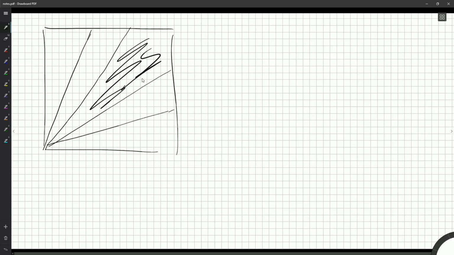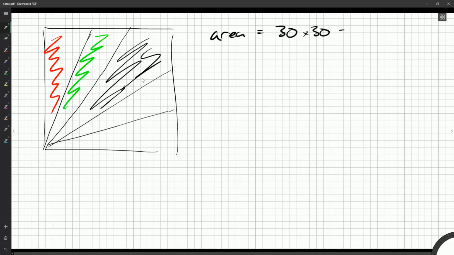But if all the areas are the same, then this red area and this green area are the same, and they're both going to be 1/5 of the total area of the square. The square is a 30 by 30 square, so that's 900. Great. So what else does that tell us?